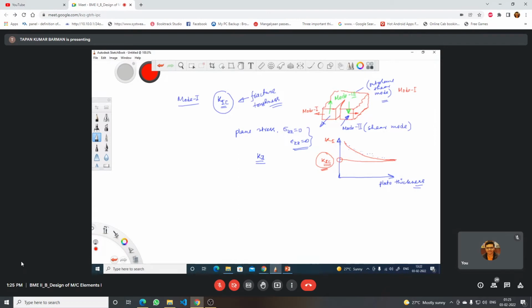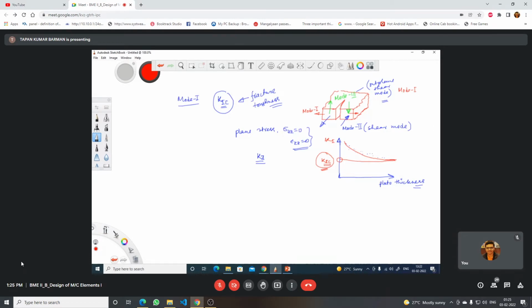But the mode is basically opening mode. In other modes you will get different values of fracture toughness. So this is basically one material property for fracture, which is fracture toughness.